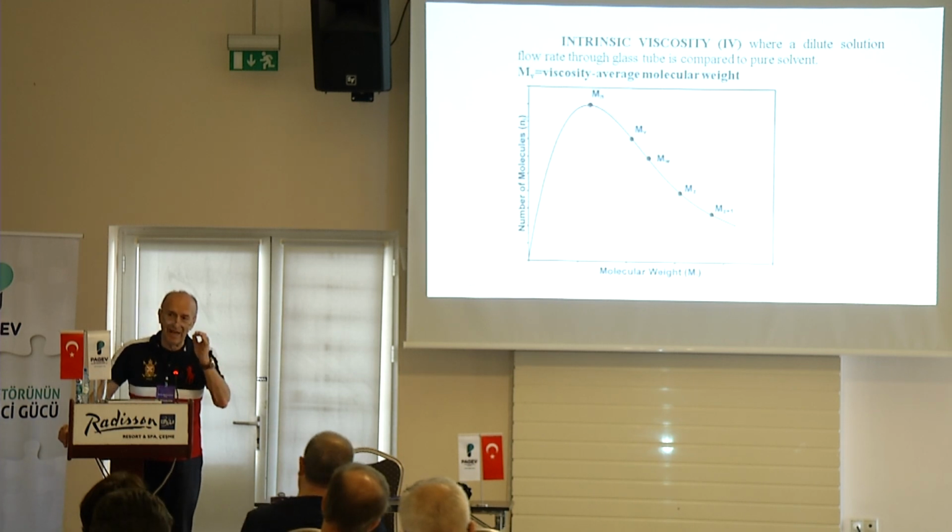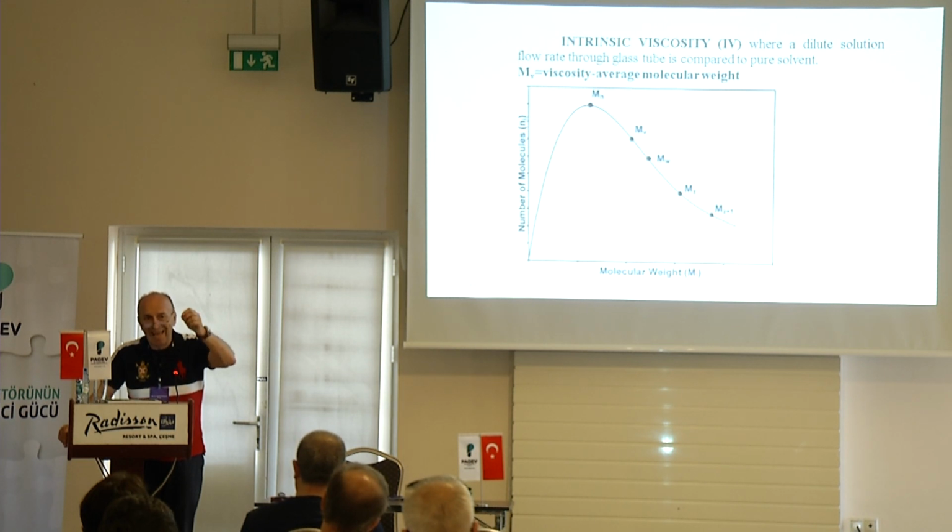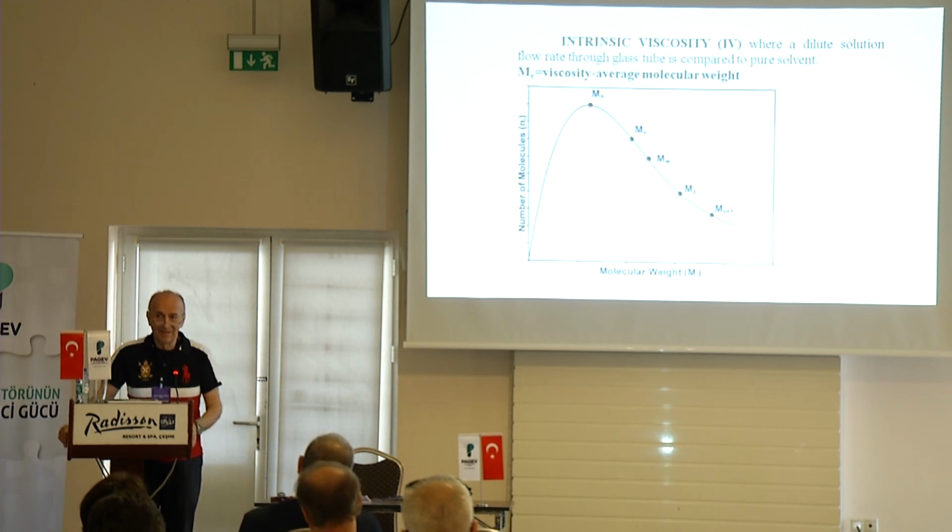That's the number average. However, we can take everybody's age squared, sum it up, and then divide it by the sum of the ages. And then we get another average.